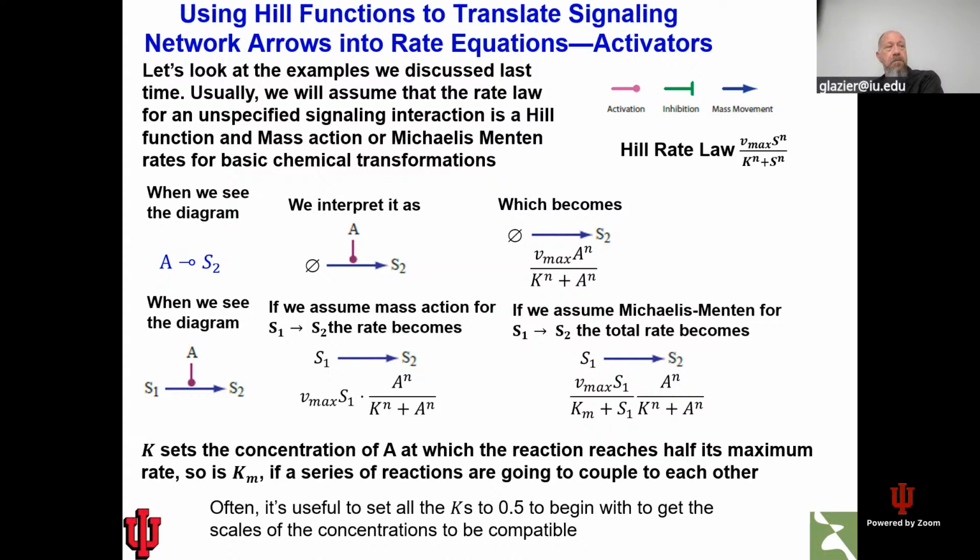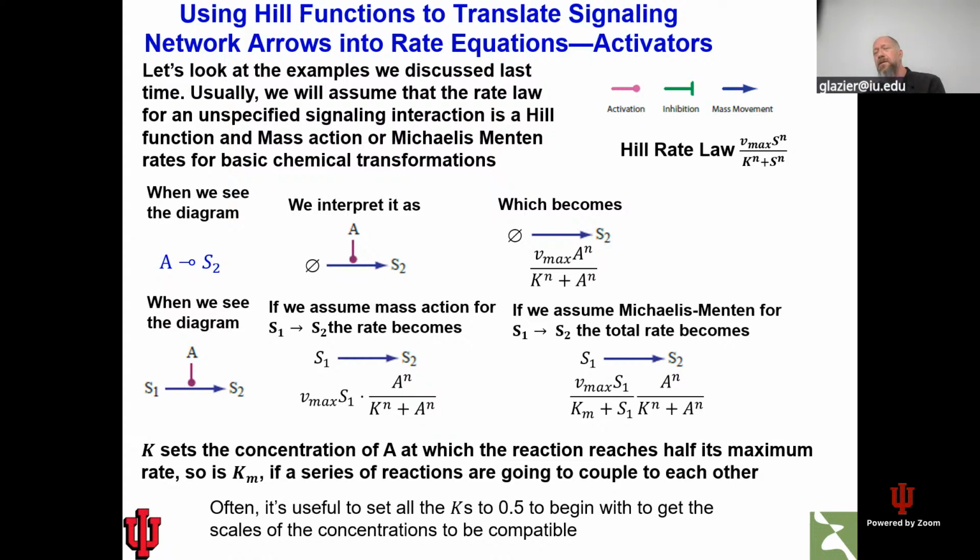And so when we see that diagram by itself, we automatically interpret that as Vmax times A to the n over K to the n plus A to the n, a sigmoid, the Hill function. And there's a great thing about Hill functions. Hill functions have three parameters, Vmax, K to the n, or K, and n. N is the steepness of that sigmoid.